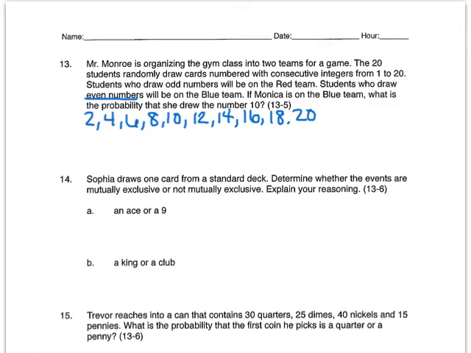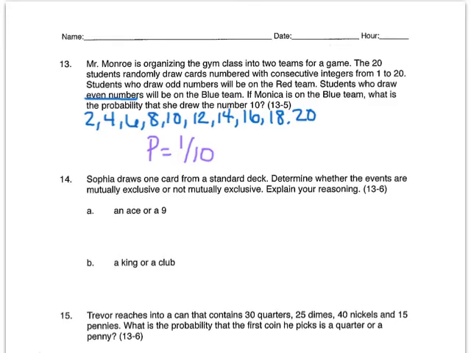And that's 10 possibilities. So I know that she must have drawn an even number, because she's on the blue team, which limits my possibilities down to 10, and 10 is one of those 10 numbers. So now my probability, instead of being 1 out of 20, would be 1 out of 10. So conditional probability really just limits your number of possible outcomes.